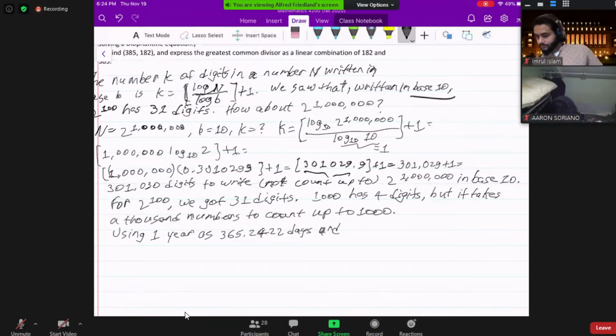And an estimated 13.7 billion years since the universe presumably started in the Big Bang.